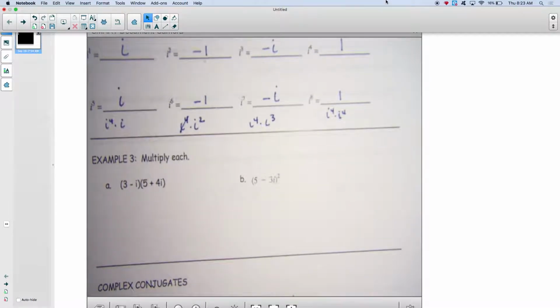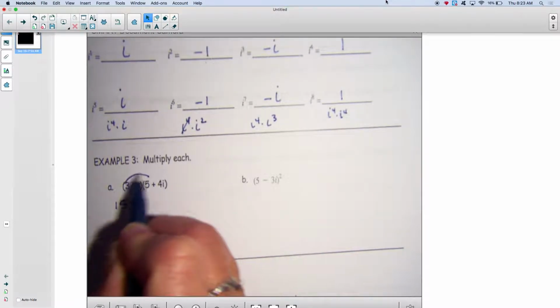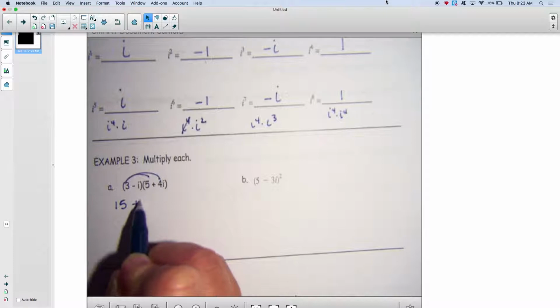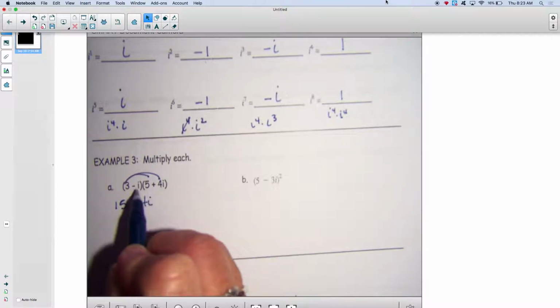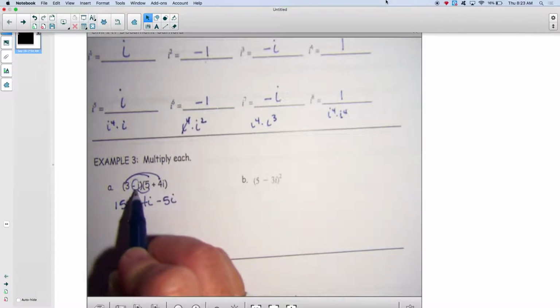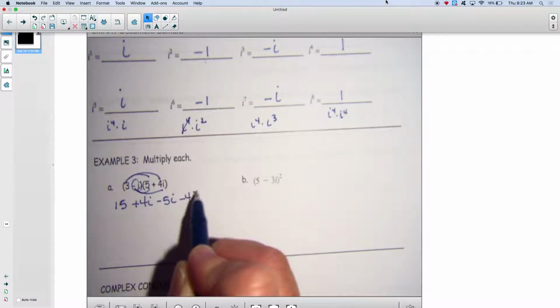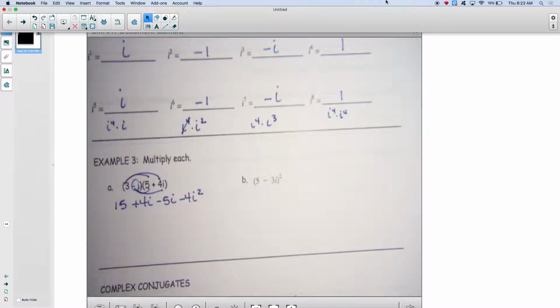You guys can distribute this out. 3 times 5, 3 times 4, 4i, negative i times 5, negative 5i, negative i times 4i is negative 4i squared. You said 3 times 4 is 4? Yeah.